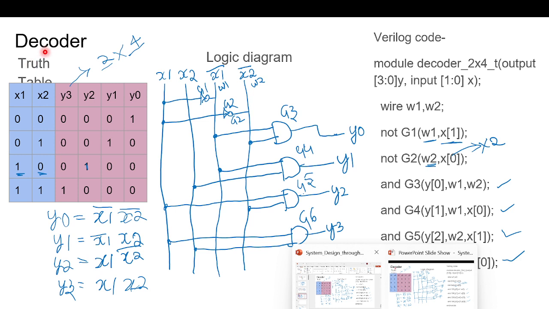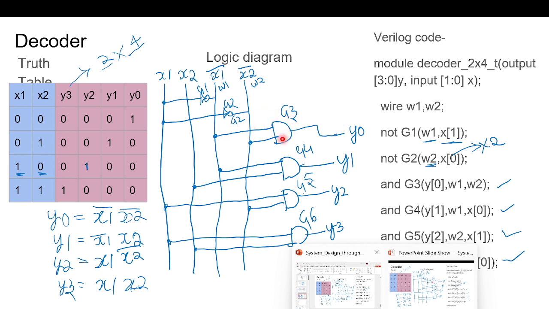If I have x1 and x2 as the inputs, then I will be decoding this binary value and selecting one of the outputs. If it is 0, 0, I will be selecting y1. If it is 0, 1, I will be selecting y1. If it is 1, 0, I will be selecting y2. And 1, 1, I will be selecting y3. So we are decoding the binary and selecting one of the output lines.